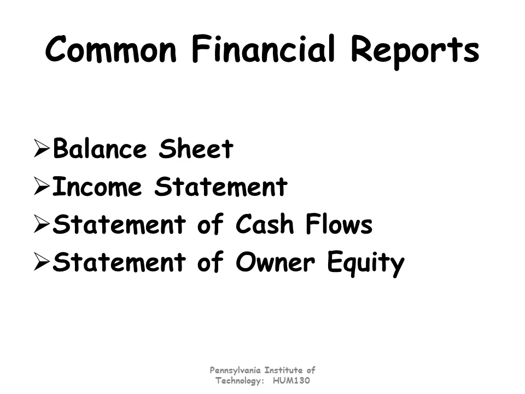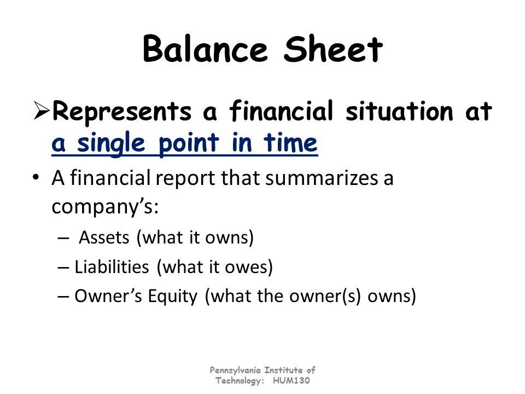So we're going to be looking at some common financial reports. The first one is the balance sheet, second, the income statement. Then we move into the statement of cash flows and the statement of owner equity. First, let's look at the balance sheet. Very, very important: you have to remember that it represents a financial situation at a single point in time.